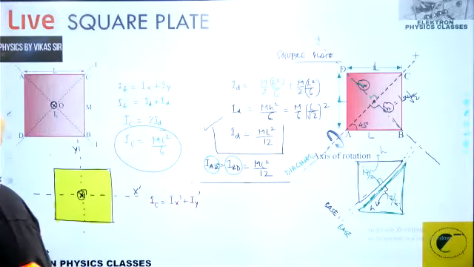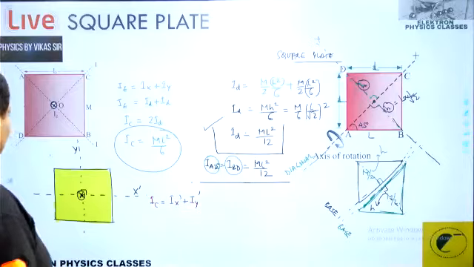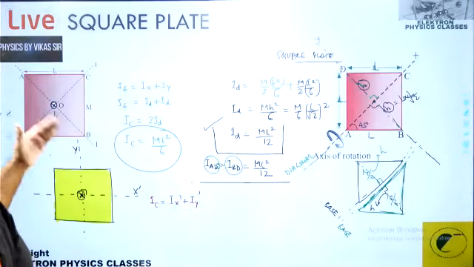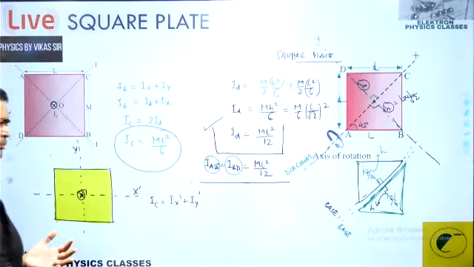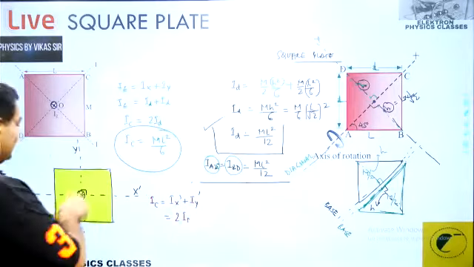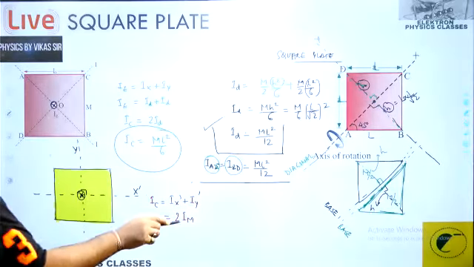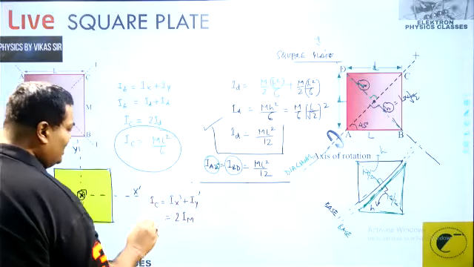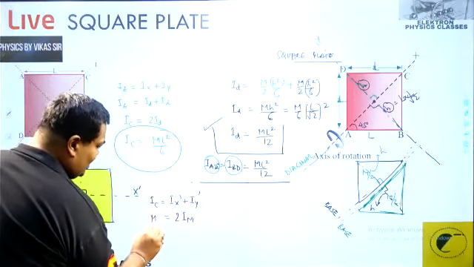Now Ix prime and Iy prime must have the same moment of inertia because both of them are medians. So that's equal to twice the moment of inertia about any median, either this or this. That's equal to IC. IC we have calculated. That comes to ml square by 6.